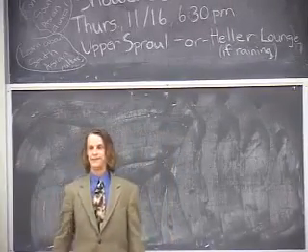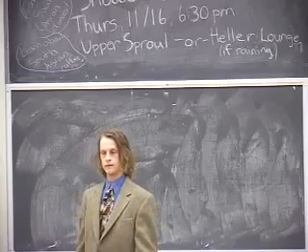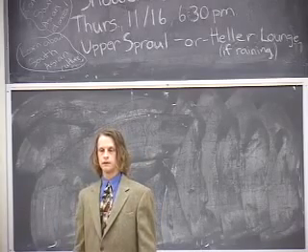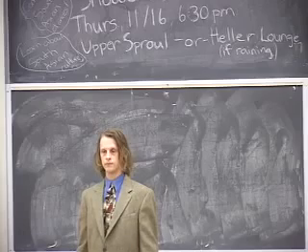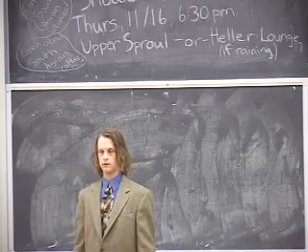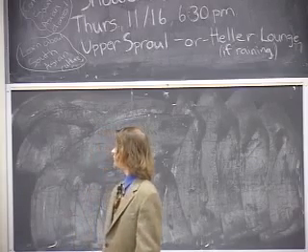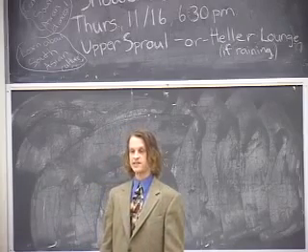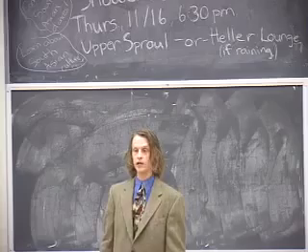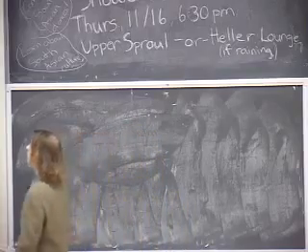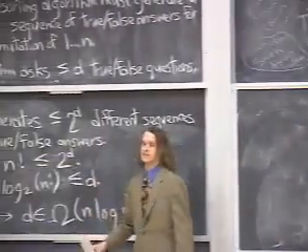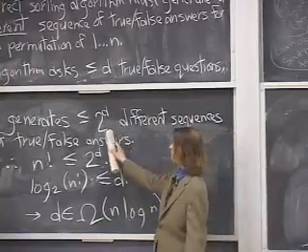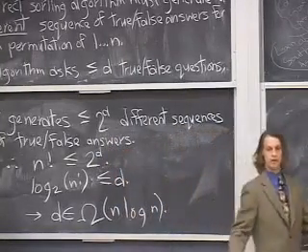Well, one thing is that since n factorial generally isn't a power of 2, it can't be exactly equal. But if an algorithm asks d different yes-no questions, then it can sort the data in up to 2 to the d different ways, but it could be less than that.